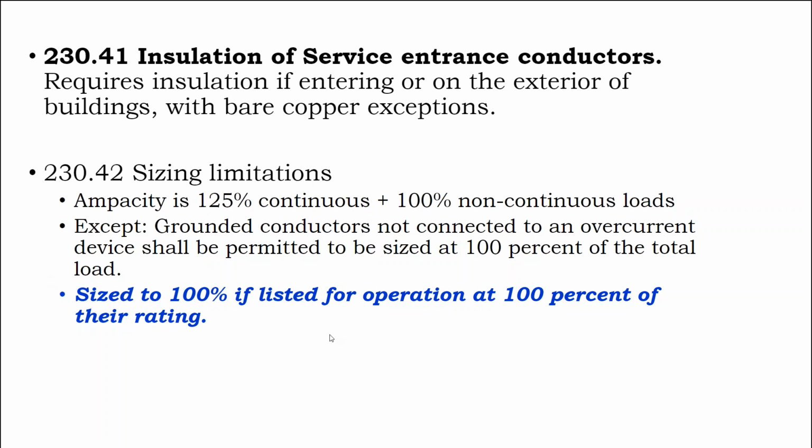And then there's an exception that says, well, you can size the service conductors to be 100% of the listing, if they're operating at 100% of their rating. And I think what is lost in my non-direct transcription of NEC is but no more than that.